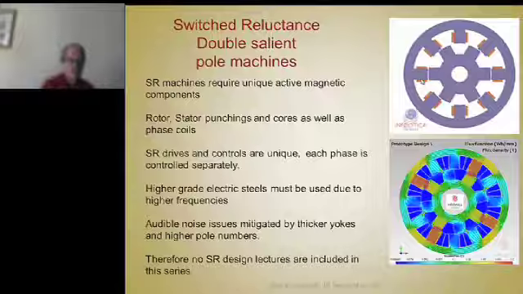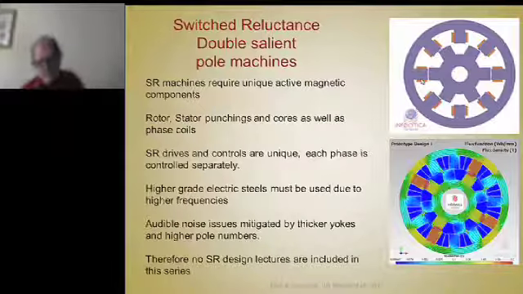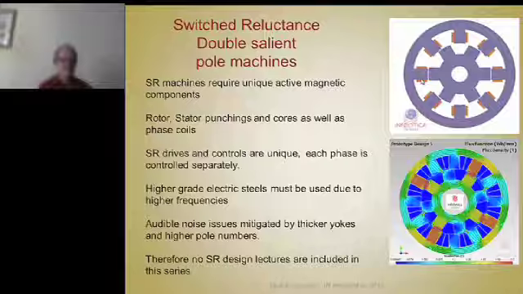It ought to be obvious that the frequencies are higher with switch reluctance than with other kinds of machines, so you tend to use thinner, more expensive lamination materials. And because of the saliency of the machine and the attraction of those poles, when a pole in the rotor comes around and is attracted to the stator, the thin section modulus of the stator yoke deflects, acting like a big spring. So on the top, as that rotates, the stator is trying to elliptify.